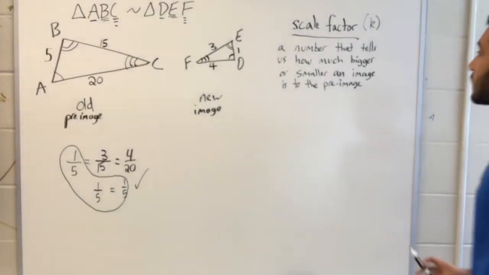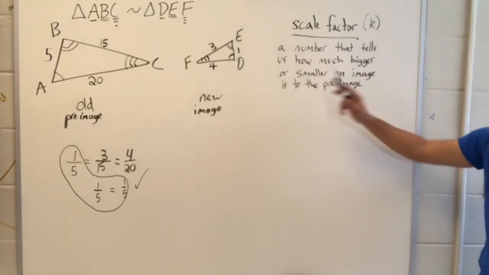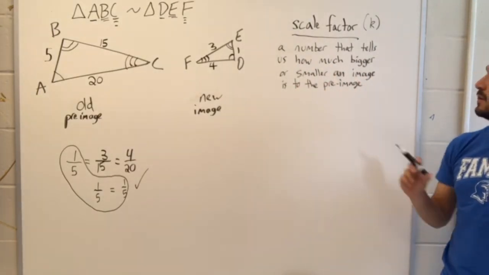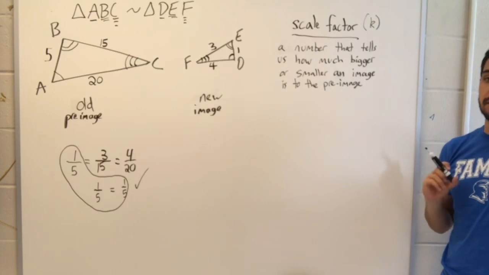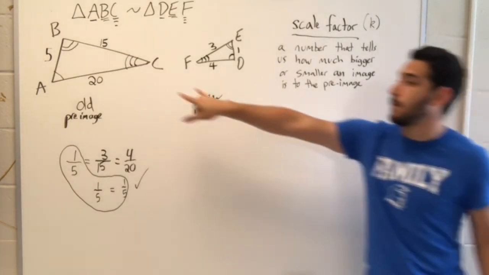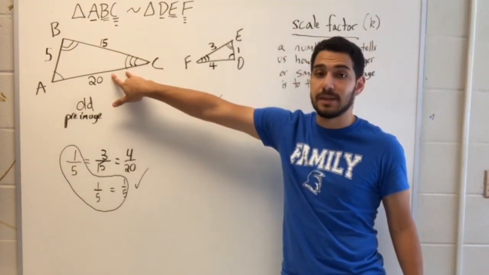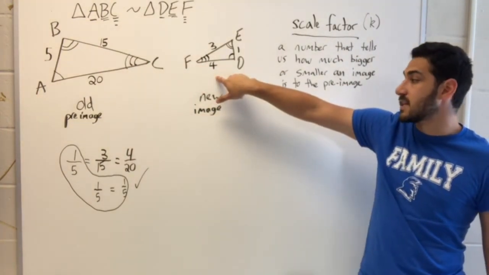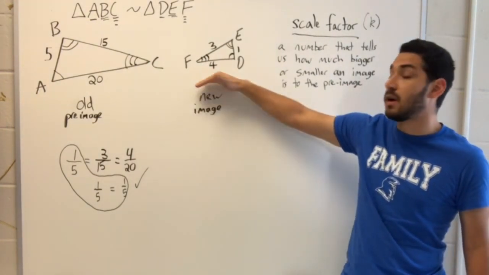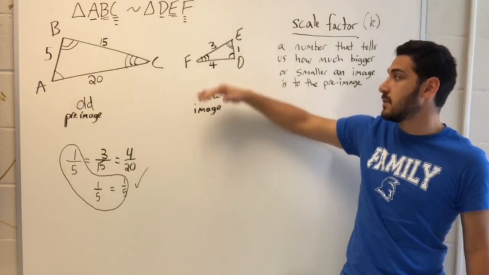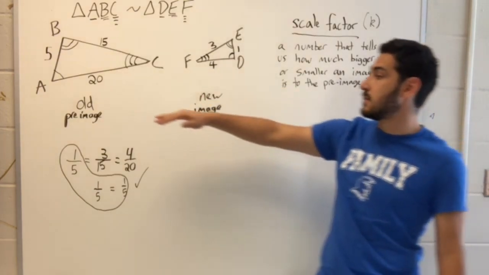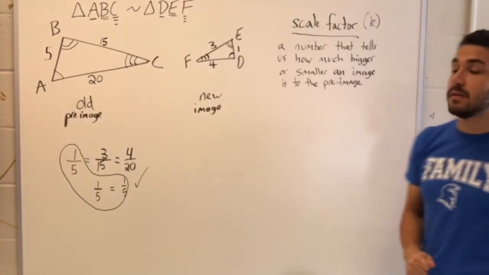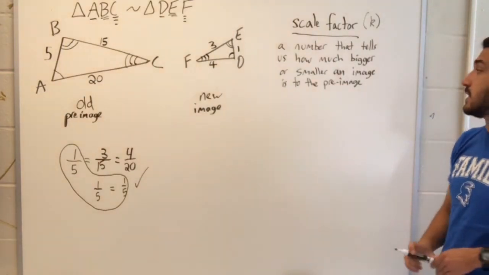A scale factor is a number that tells us how much bigger or smaller an image is to the pre-image. So in this case, if our pre-image was triangle ABC and our image was triangle DEF, the scale factor tells us how much smaller the image, triangle DEF, is than the pre-image, which is triangle ABC.